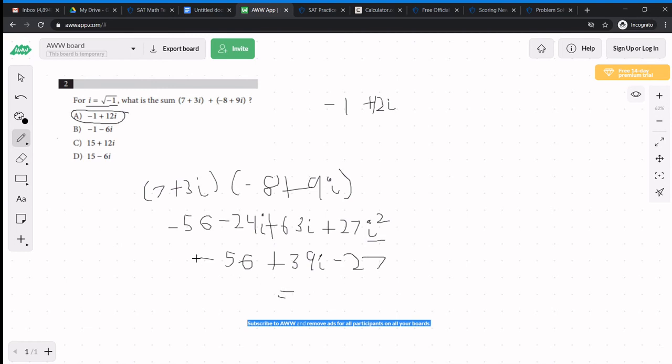And now this equals, combine like terms again, -83 plus 39i, and that is your answer. That's what would happen if you were to multiply these. You FOIL, and whenever you see an i squared, you change it from i squared to -1 and multiply.